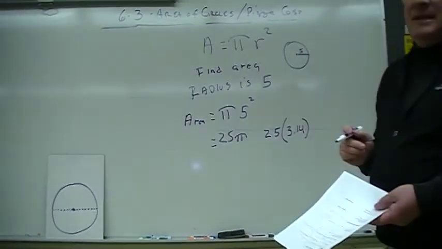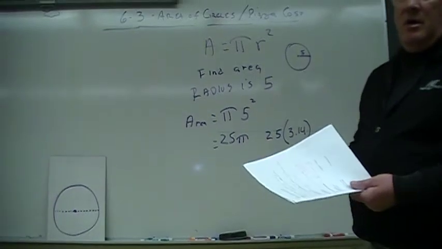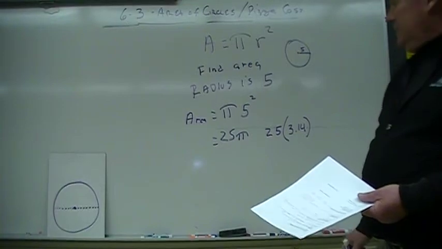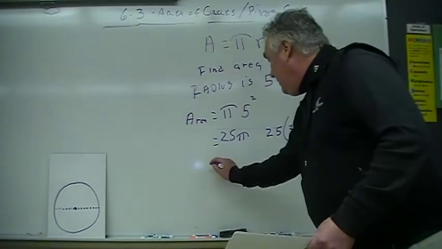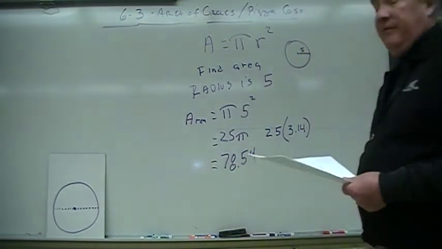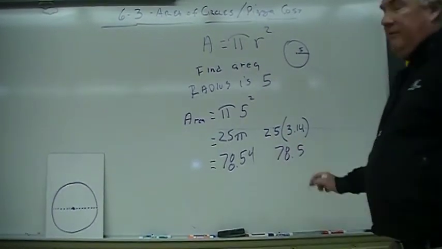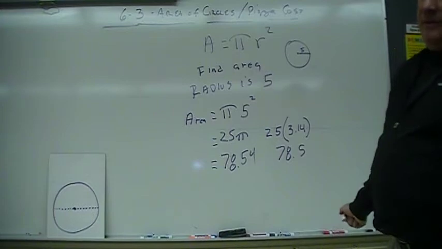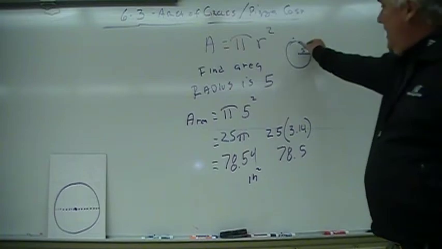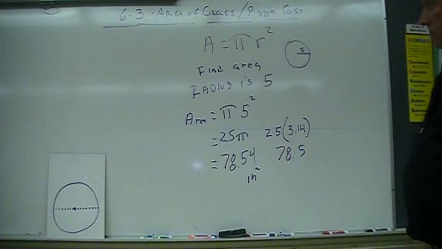The answers will be slightly different in terms of rounding, but not enough that I would mark anything wrong. If you do this math, you will get 78.54. If you do this, you'll get 78.5. I would mark both of them right. And the label on this would be inches squared. That's the area of a circle with a 5-inch radius.